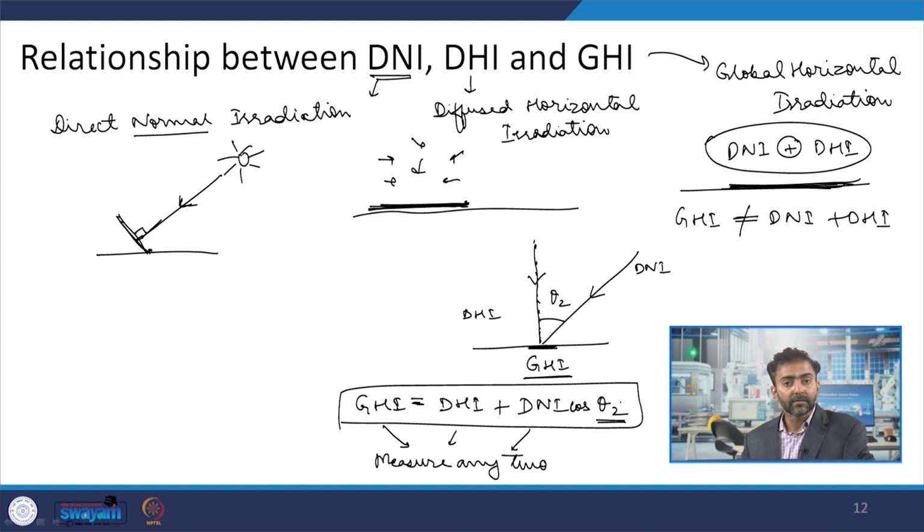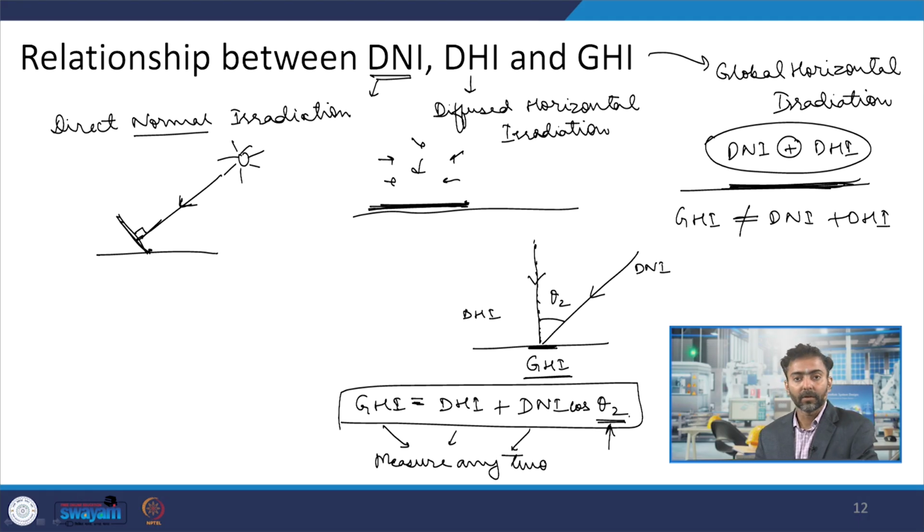In a later class, we will look at the calculation or the formula for the solar zenith angle, and we will see this is just a geometric parameter for the planet Earth, and for a given location, at a given time of the day on a given day of the year, we can precisely calculate the solar zenith angle. And once we have the solar zenith angle, if we have any two components out of these three, then the third one can be easily found out.